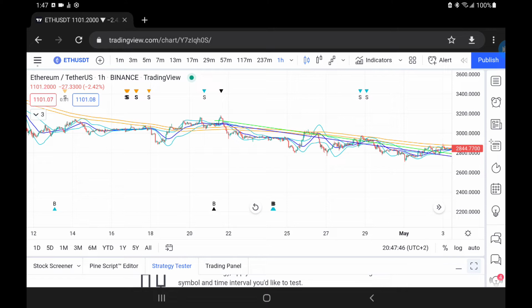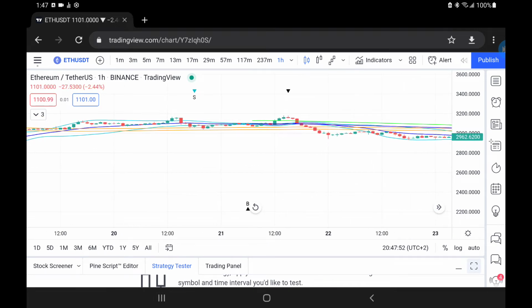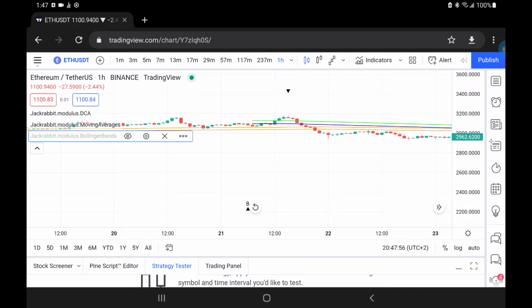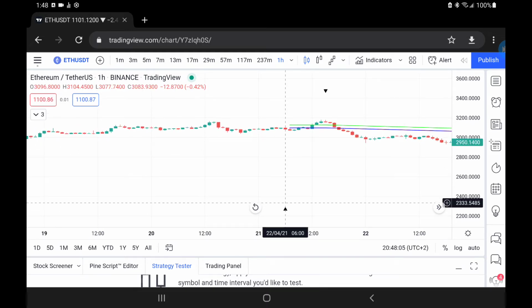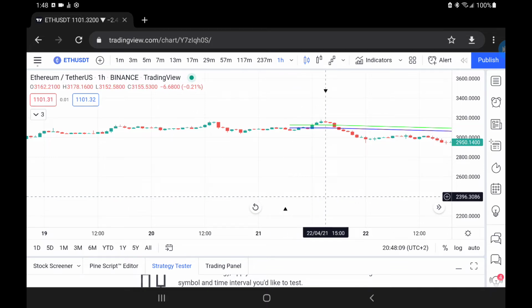But this one did, and it got in, and it made that profit. It was a short time, but nonetheless, it still got in. Let's get rid of some of the noise so we can focus only on the entry point. As you can see, we got in here and we got out here with a very simple profit.